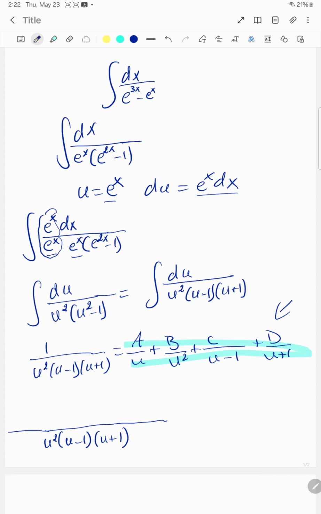So if I divide u square, u minus 1, u plus 1 by the u that is here, I would have the a multiplied by u minus 1 times u plus 1. And if I divide my denominator by u square, I will have the b multiplied by u minus 1 times u plus 1.